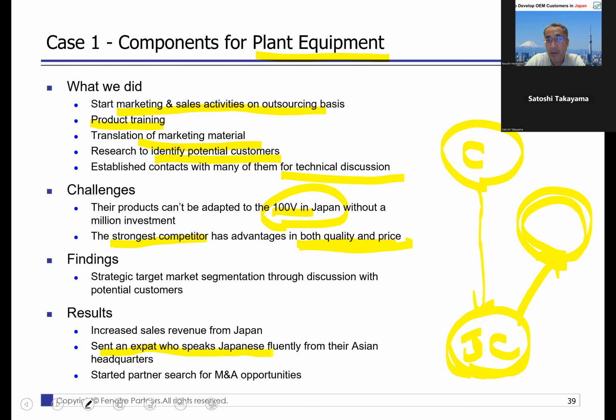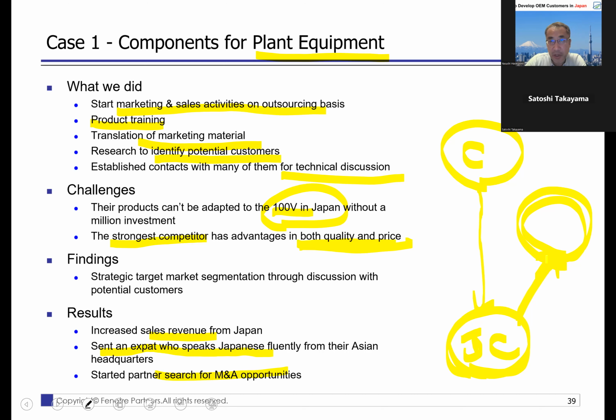And we also started working for that company on finding M&A candidates. So now they have increased sales revenue and keep developing more customers in Japan, especially for the export market from Japan to other countries.